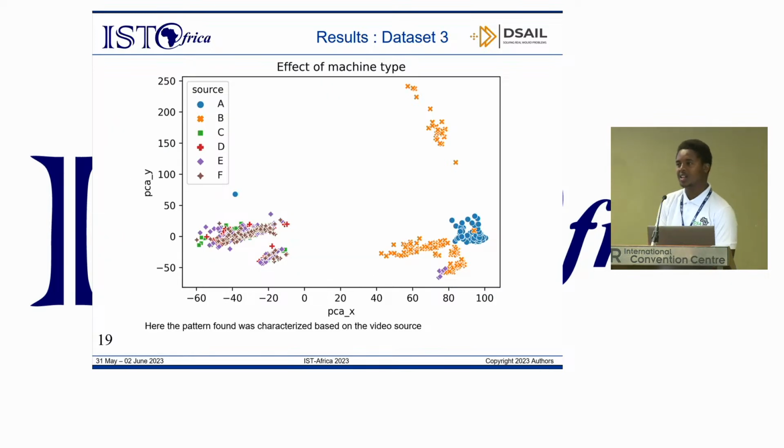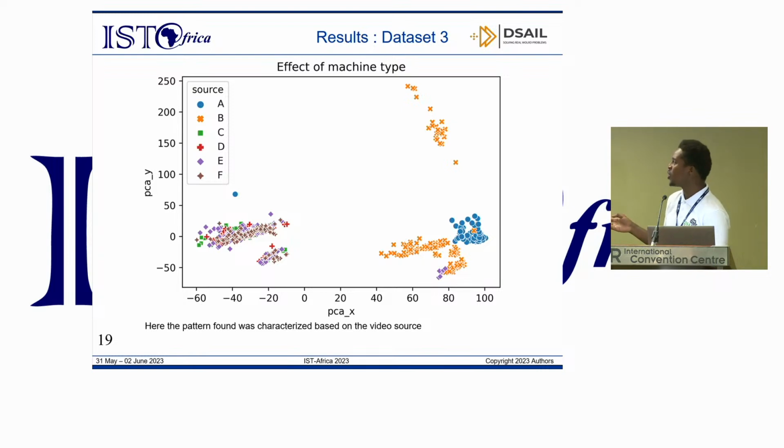Okay, then after that we tried to see whether we can scale this. We have come from 15, we've gone to 56. Can we go to 848 videos? Unfortunately, in this case, we did not, because, as I said, the videos were taken from different people using different machines, different configurations.